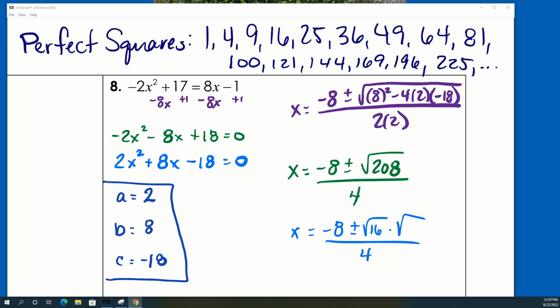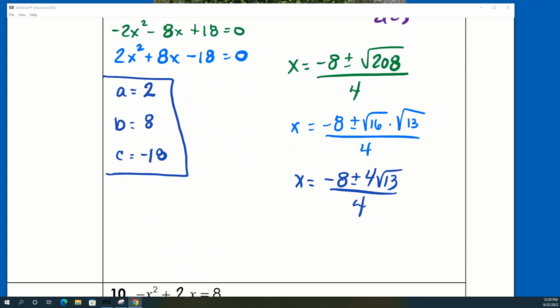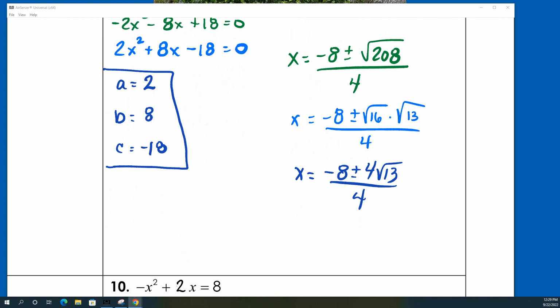So 208 is 16 times 13. It probably would take a while to get to that point. Right? And then we can take the square root of 16 is just 4. All right. So I just changed my square root of 16 to 4.